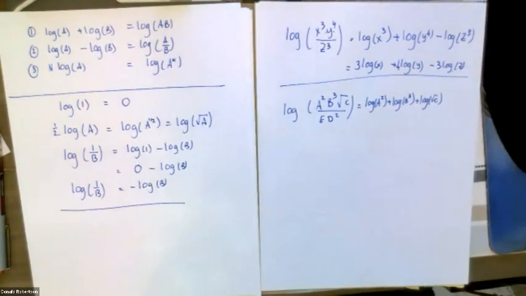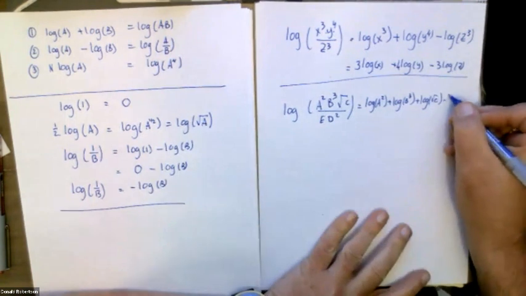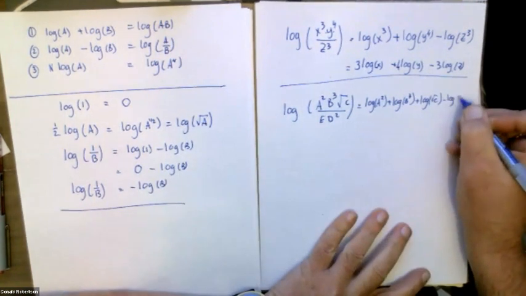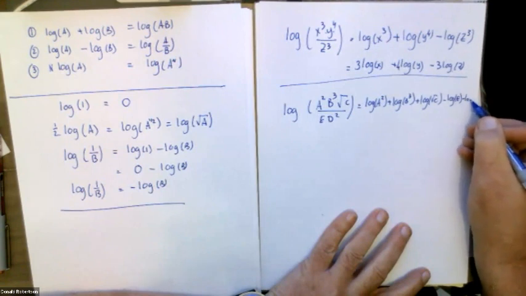So far, so good. Now, there's an e in the bottom, that means you're dividing by e, and there's a d squared in the bottom, which means you're also dividing by that. So when you divide, you subtract a log. So minus the log of e, and minus the log of d squared.